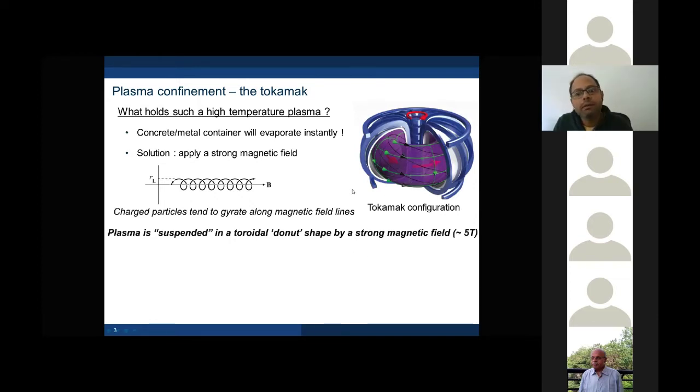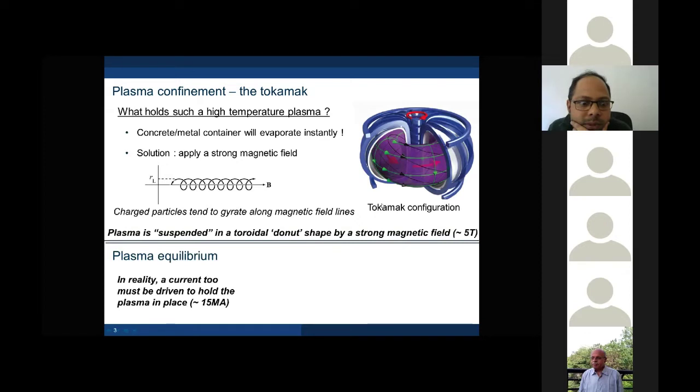But it can be shown that just applying a magnetic field in the toroidal direction is not sufficient, but what is necessary is what is called helicity in the field. Because if we don't apply it, this whole thing will keep expanding in major radius, and this cannot be allowed to happen. There are many ways of applying helicity to the magnetic field, and one way is by applying a plasma current.